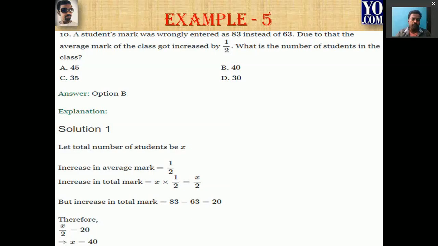So the increase in total mark is equal to x into 1 by 2, that is x by 2. Actually average equals a plus b divided by the number of numbers.